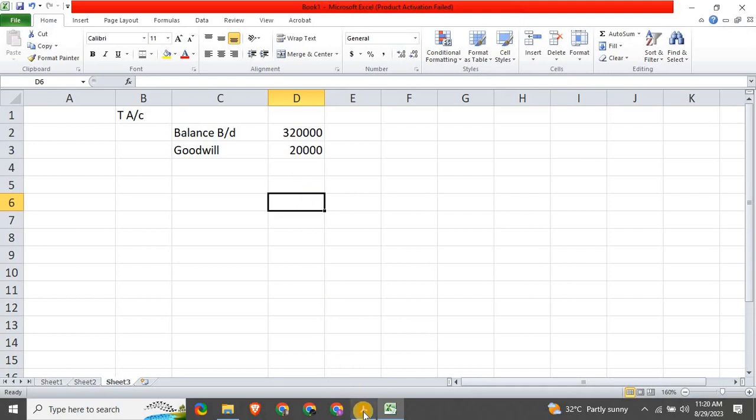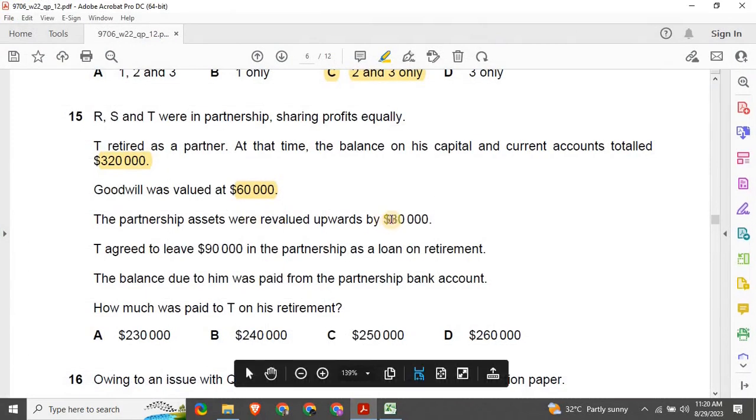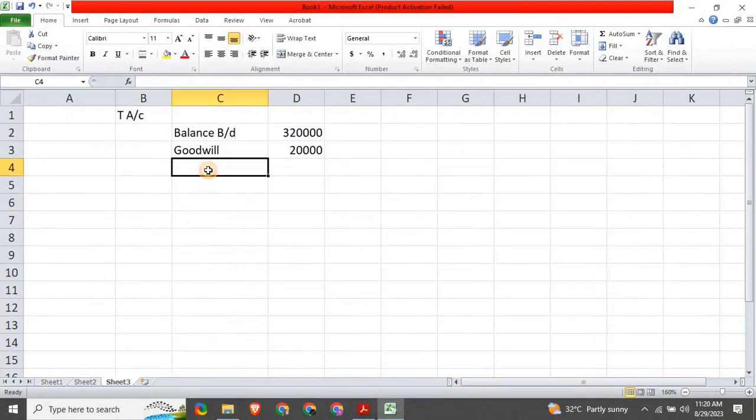And there's a profit on revaluation, which is 30,000. So this profit will also be shared in the old profit sharing ratio. So this is the profit on revaluation, and it would be 10,000 for T. Okay, so 1/3 of 30,000.